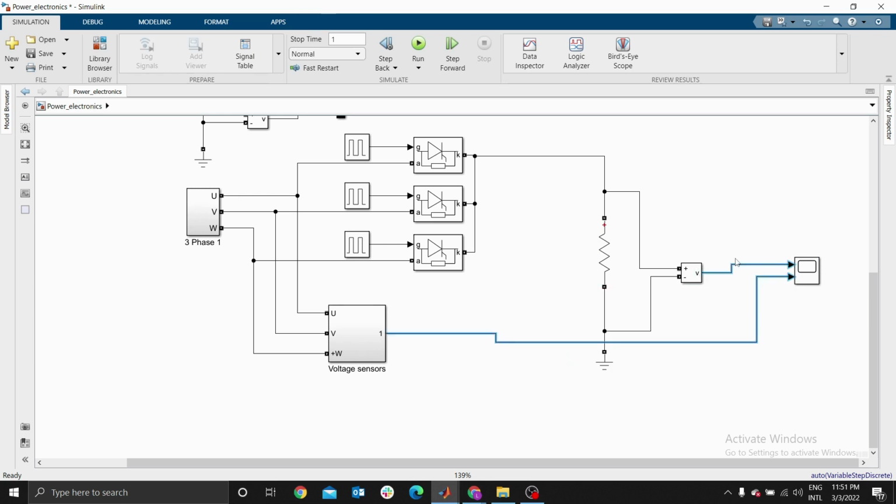Anyway, both can still work. Okay, this is the controlled voltage. We are controlling this voltage at the load. This is the three-phase voltage.